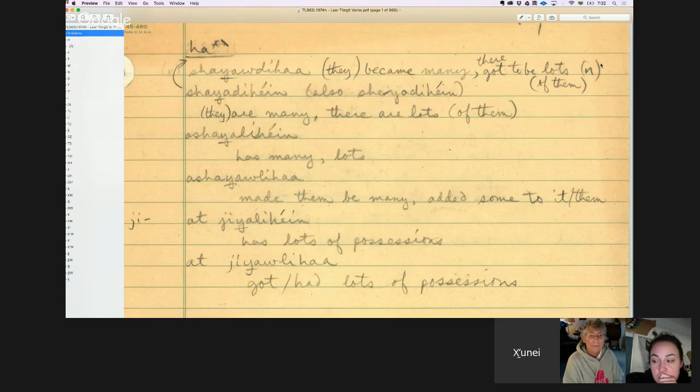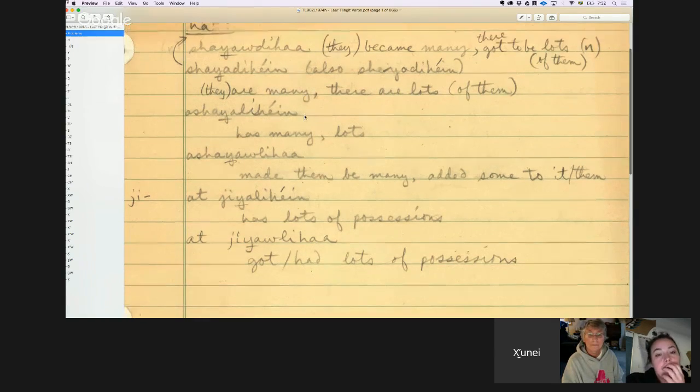The N, I would probably put a third column there with the N in parentheses, because I think that's telling us the conjugation prefix, perhaps. And then just do your best.